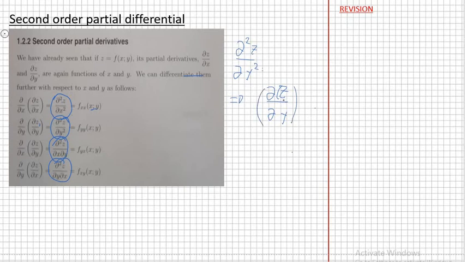So I first get the first partial derivative with respect to y, and then what I get, I'm going to derive it again with respect to y. So you can write it that way. It's the same.